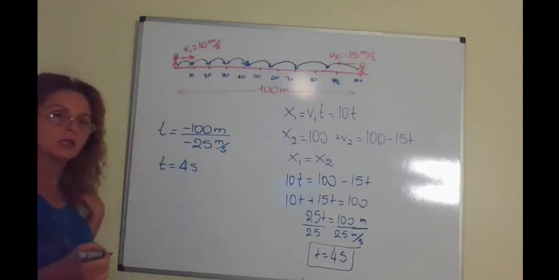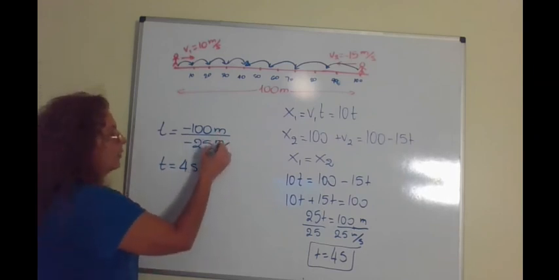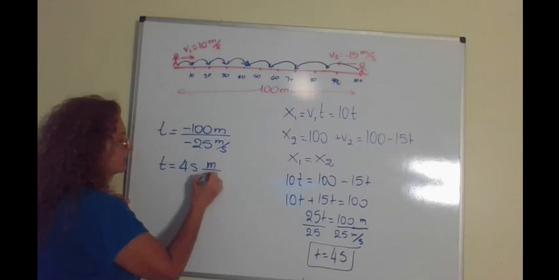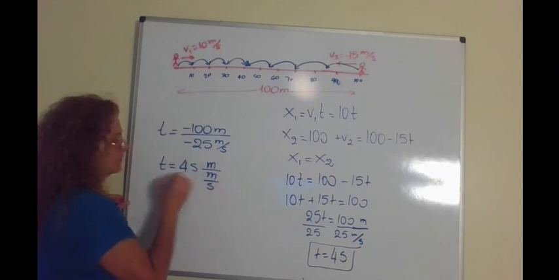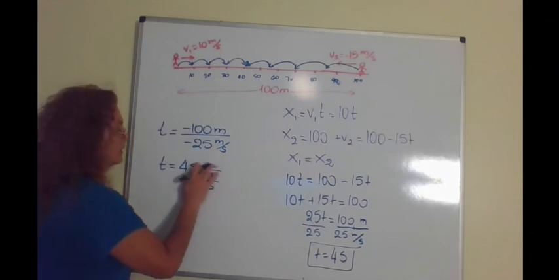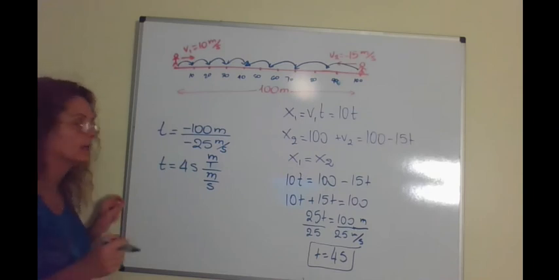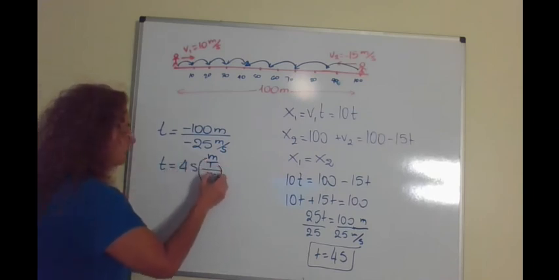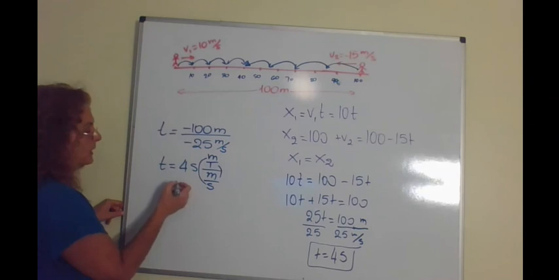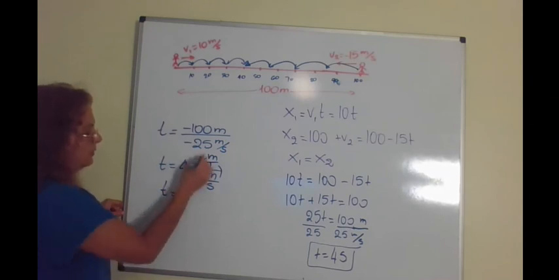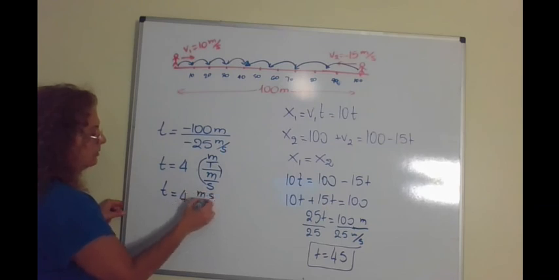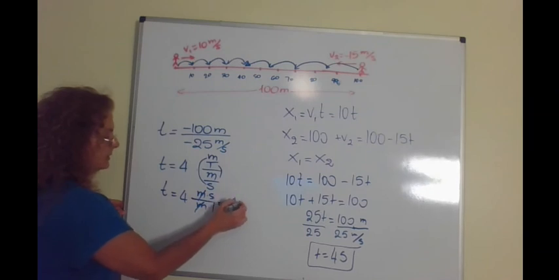But just because I didn't say anything, what is this? You can actually consider this as meters over 1, having a denominator of 1, and do this. So what actually happens is that the time is 4 meters second over meters times 1, meters go, and you find the seconds, right?